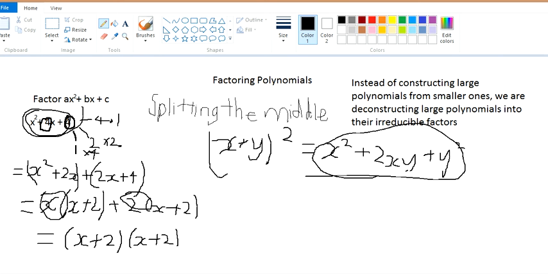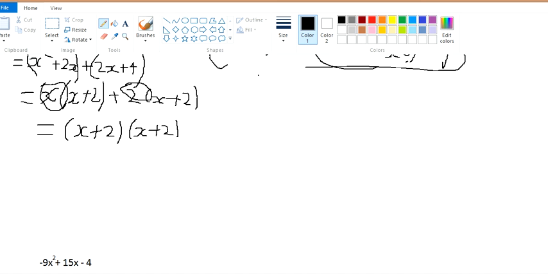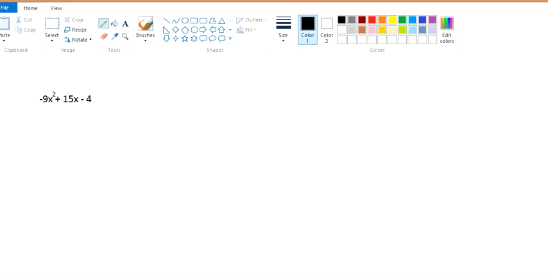So I mentioned a master product, which I disregarded in this example because the a value is still 1. The master product is basically the product of a and c, the coefficients a and c. Now let's take a look at the master product with this next example here, which is still quadratic.